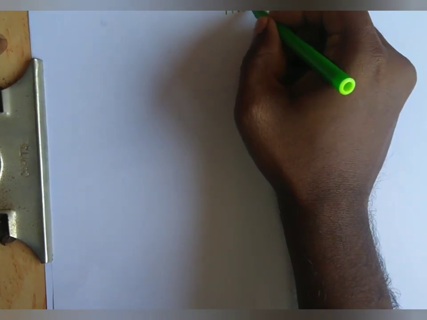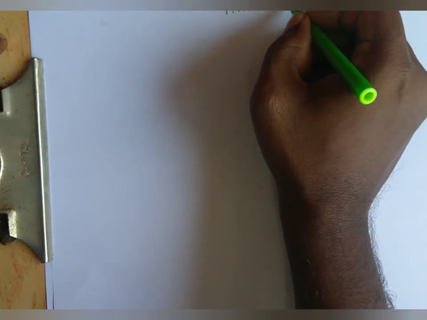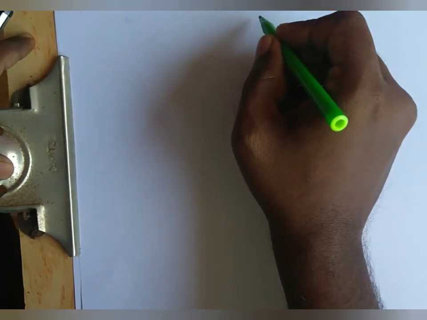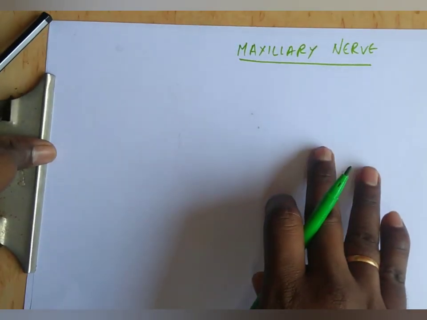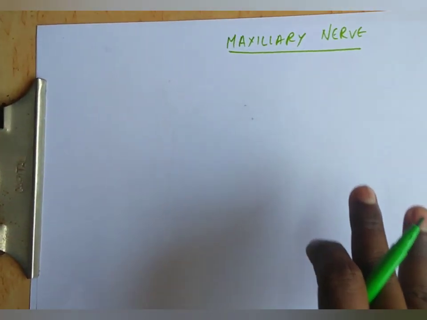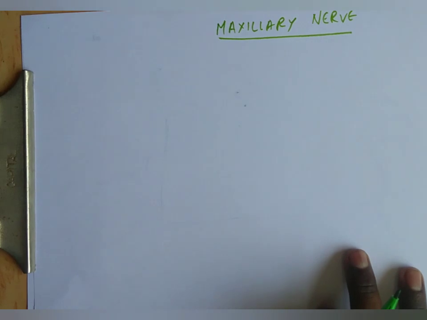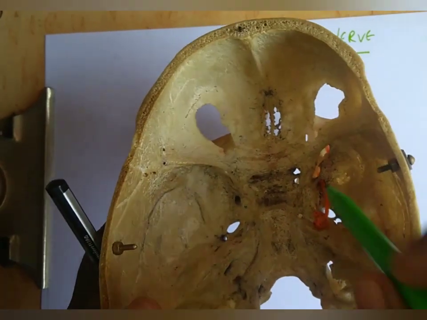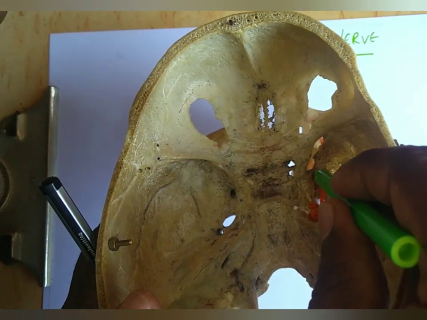Maxillary nerve. So understand the maxillary nerve. Already we have seen the maxillary nerve passes through the foramen of the skull, the foramen rotundum.